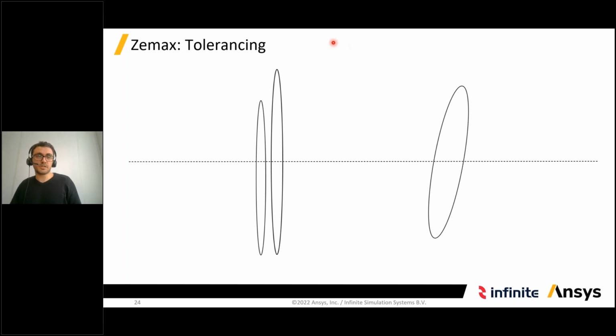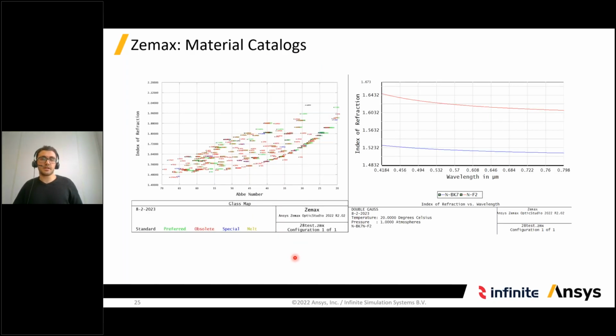So with Zemax, you can see if the system still performs desirably when there are small problems present. Also, Zemax has an extensive catalog of materials. So there are lots of glasses from different manufacturers, and you can compare them to each other using, for example, dispersion plots.